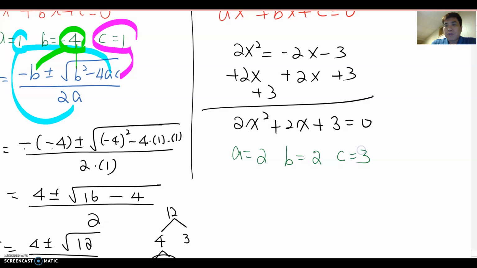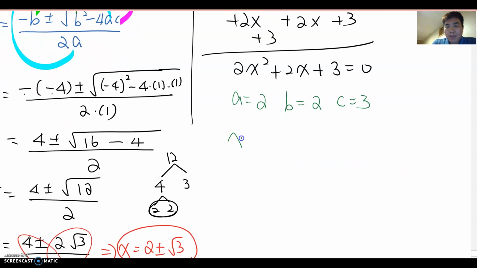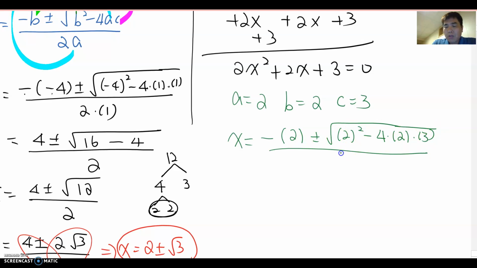So let's input these values into the quadratic formula. x equals negative b, which is 2, plus and minus the square root of b squared, which is 2 squared, minus 4 times a, 2, times c, 3, over 2a, which is 2 times 2. Okay?